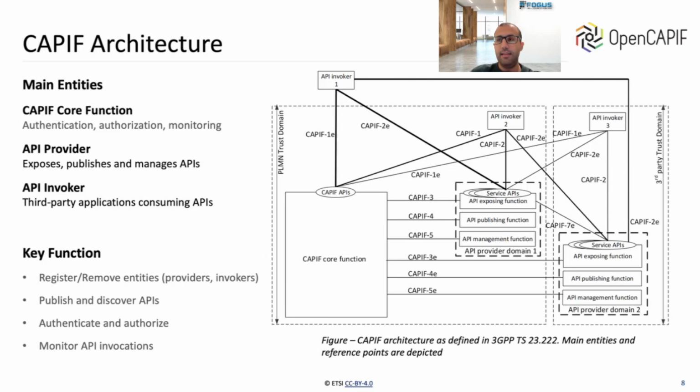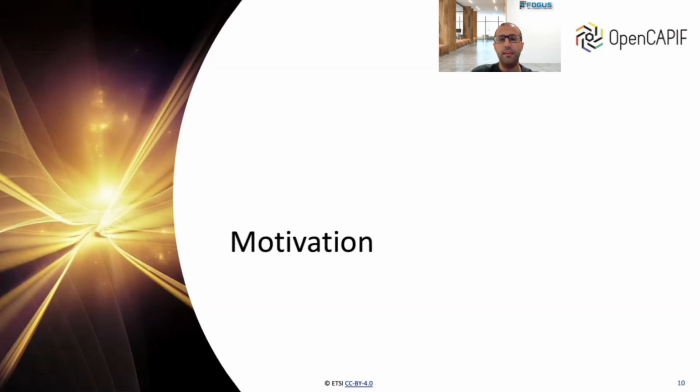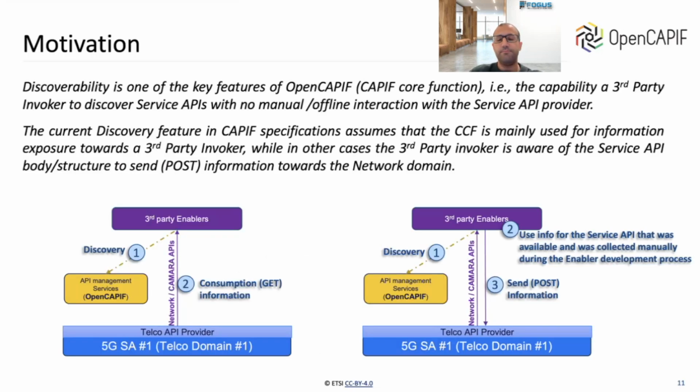In this presentation, we will focus mainly on publish and discover APIs, because the feature that we're going to present concerns these two functionalities. So what motivated us? The discoverability of the CAPIF is, I think, the most known and most important functionality of all.